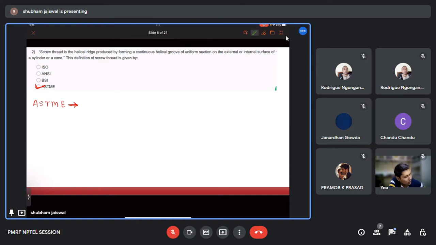So ASTME stands for American Society of Tool and Manufacturing Engineers. That's why ASTME. Okay, so this definition is given by the ASTME.